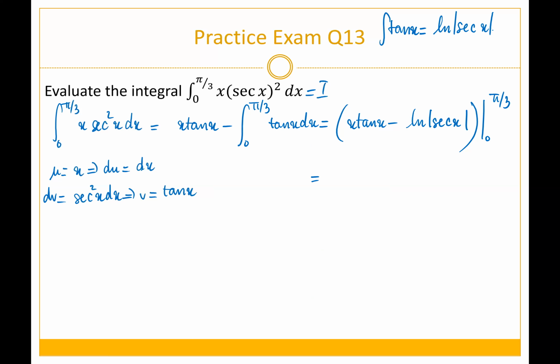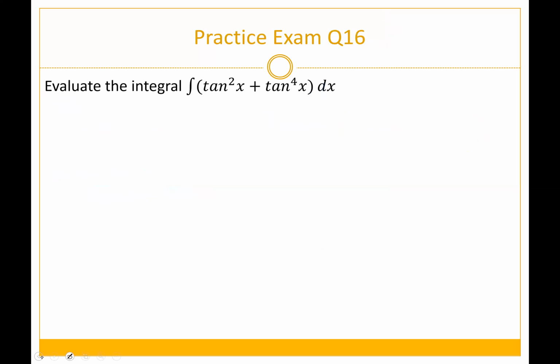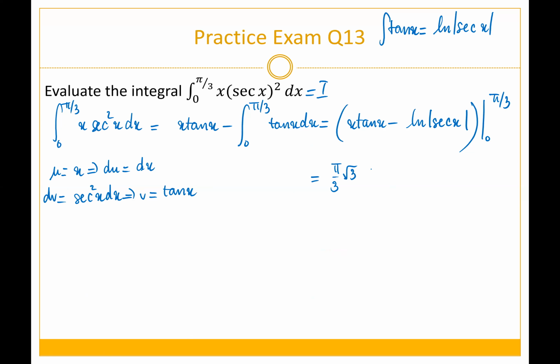So we have this one, and we just plug in numbers. At pi over 3, tangent of pi over 3 is square root of 3, minus ln of secant. Secant is 1 over cosine, and cosine of pi over 3 is half, so secant is 2, giving ln of 2.